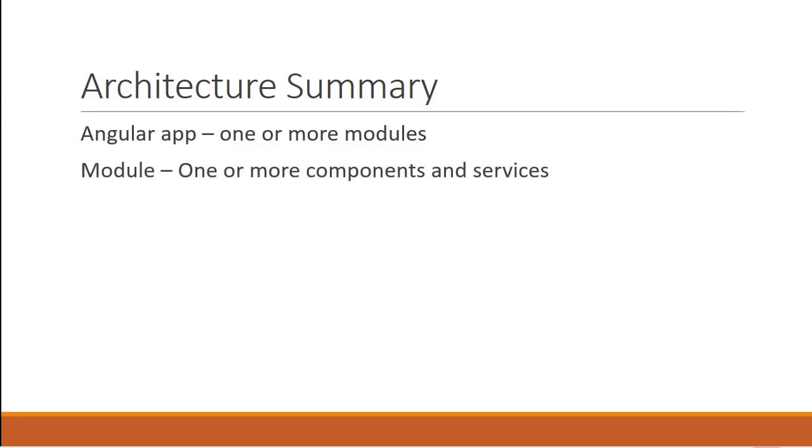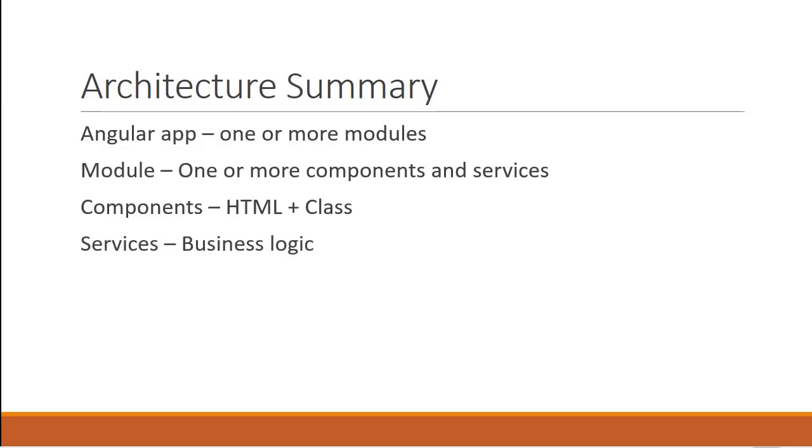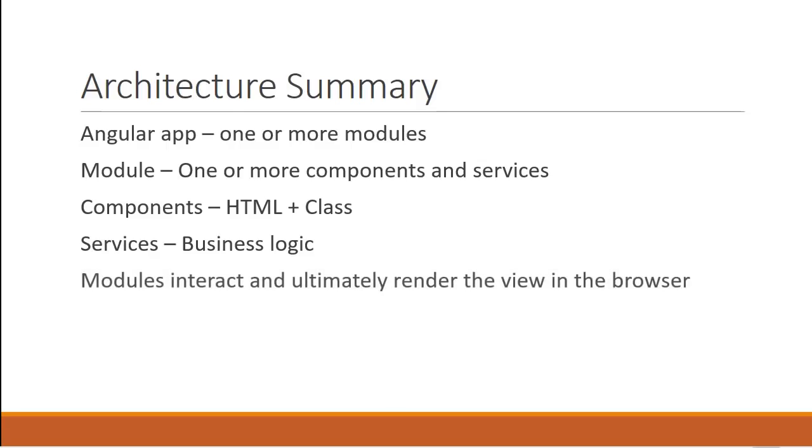Each module contains one or more components and services. Each component contains an HTML template and a class to control the logic for that particular view. A module can also have services which contain the business logic of your application. The modules export and import code as and when required and finally render the view in the browser.